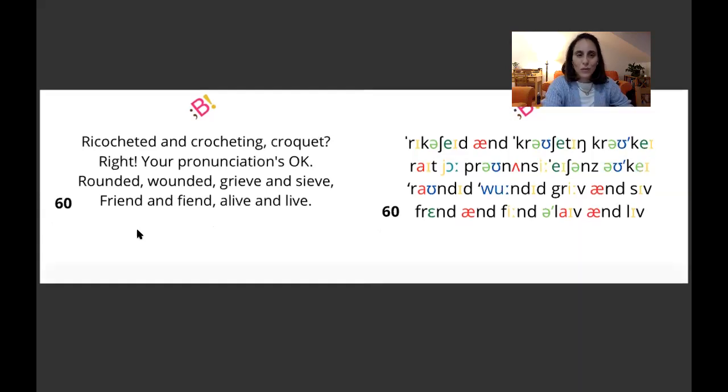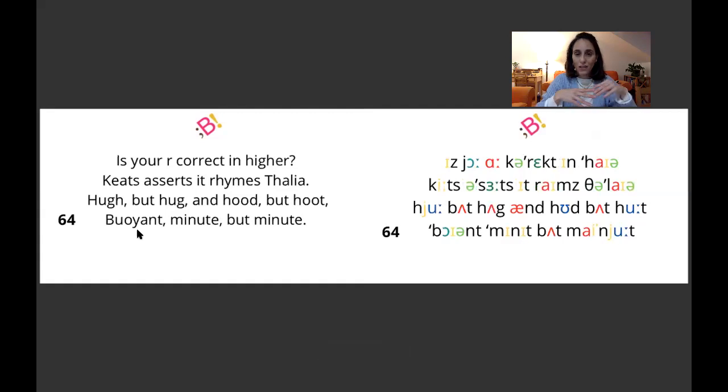We continue. Is your R correct? Correct. Fijaros, no es correct, es correct. Es esa otra vez, ese schwa, correct. In higher, is your R correct in higher? Quiere decir que no suena. ¿Ves que no dicen higher? No dicen al final. So higher.